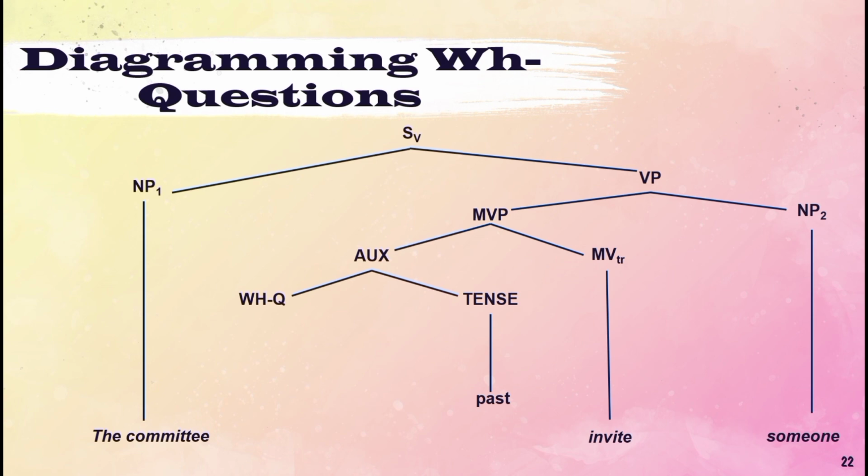For example, like what I have said earlier, before any steps of the WH question transformation have been applied, the question, whom did the committee invite, has the structure represented in this diagram. After the WH question transformation has been applied, the phrase marker for the same sentence would look like this.